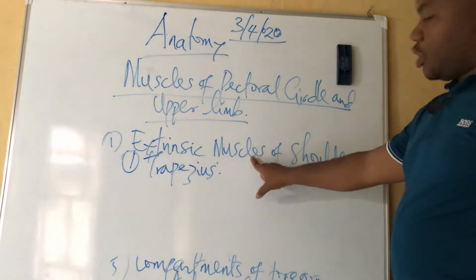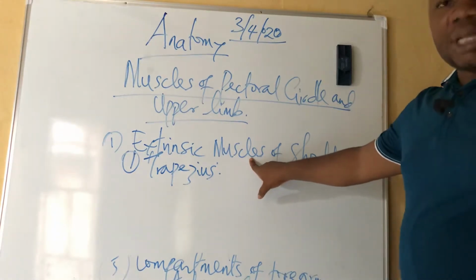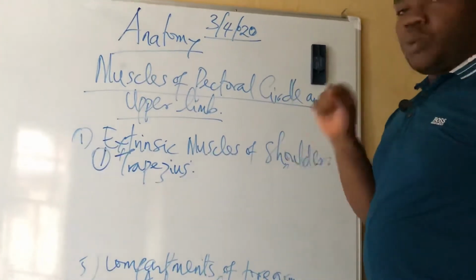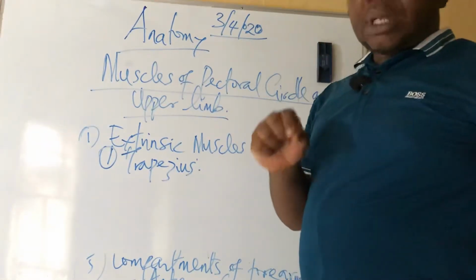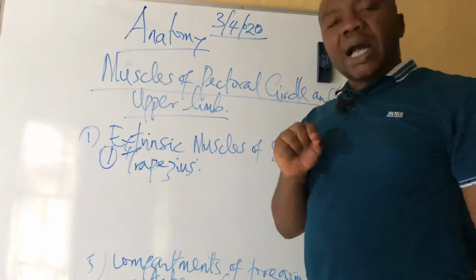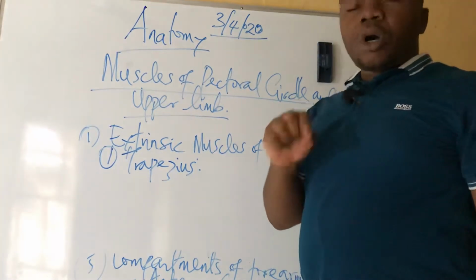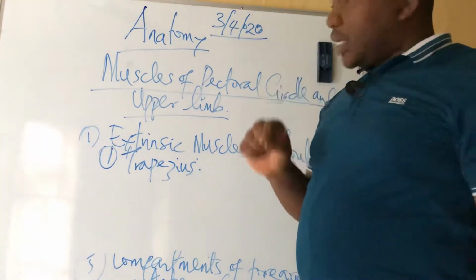And these extrinsic muscles, one good thing about them is that they will originate from the axial skeleton and they will insert on either the scapula or the clavicle. I take it again.